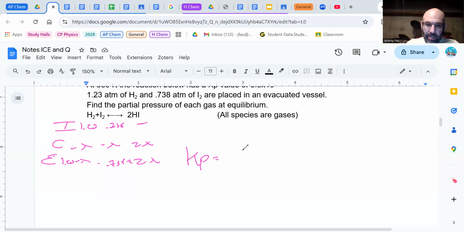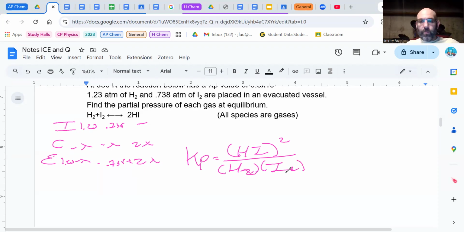Now, if we plug this in, we would get Kp equals HI squared over H2 times I2.